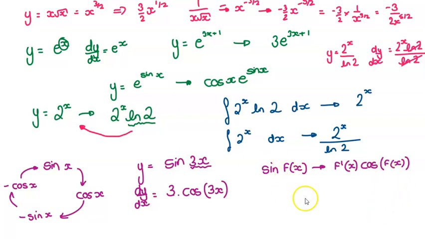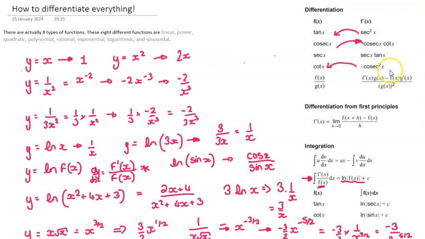Now the same with cos. If you do cos of 4x, you'd get minus 4 sine 4x, because we're going around the wheel of differentiation, which is why you multiply when you're differentiating, but you divide when you're integrating. Now remember, some of these are in your formula book. You've got your sec, cosec, cot, and then your natural log of your trig functions as well.